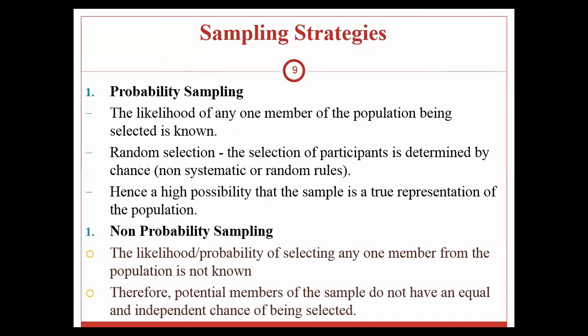The selection can be by random rules or non-random rules, and we're going to look at them. But the key thing with probability sampling is that any one member in the population has a probability of being selected that is known.